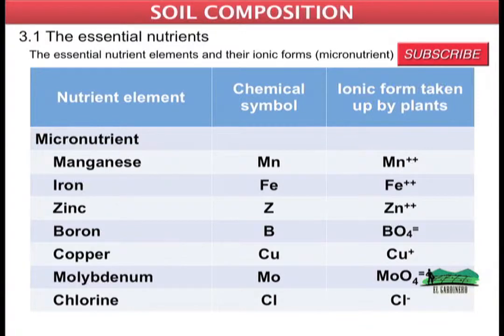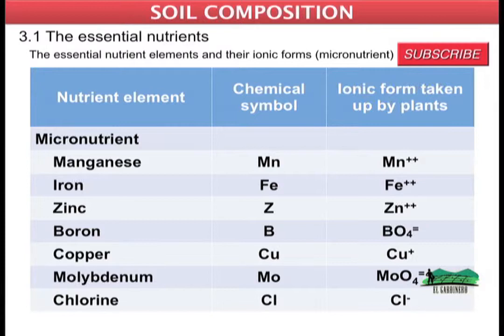This next slide shows examples of the micronutrients, their symbols, and their ionic forms. For instance, manganese is an essential nutrient, but again, it will not be used by your plants unless it is in its ionic form. So, manganese ion.